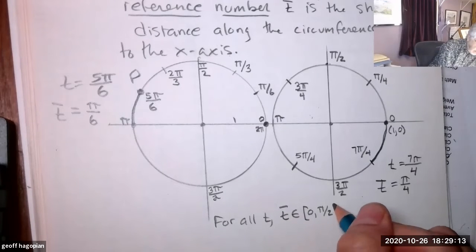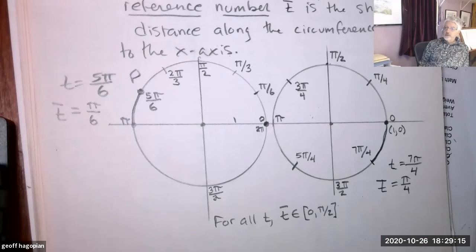It's never less than 0. It could be 0 if you're on the x-axis, but it can't be bigger than pi over 2. On the unit circle, you're never a distance greater than pi over 2 from the x-axis. Along the circle, right? I'm not talking about the distance straight down, but the distance along the circle.